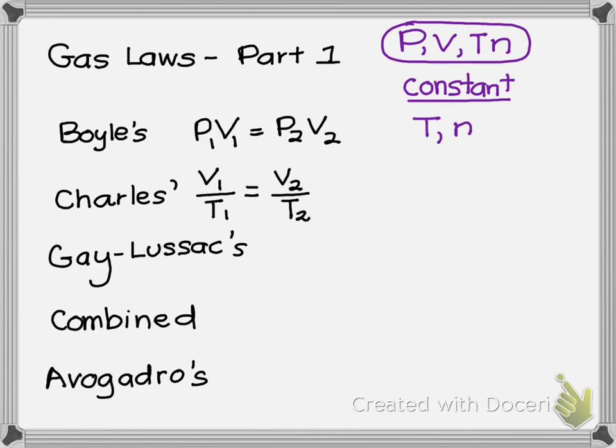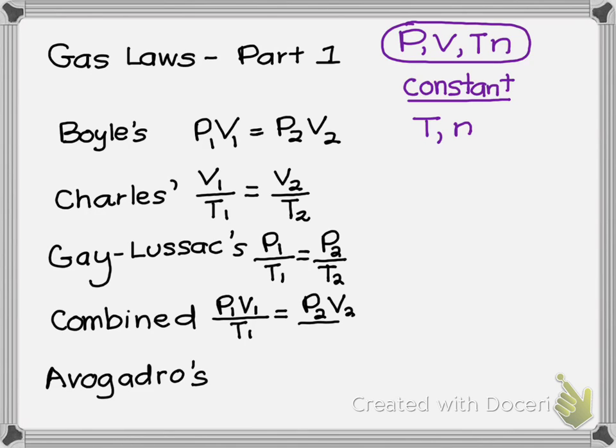Now, Gay-Lussac's law has to do with the pressure and the temperature and their relationship. The combined gas law really does look like the combination of the first 3 laws. And then Avogadro's law has to do with volume and the amount and their relationship.